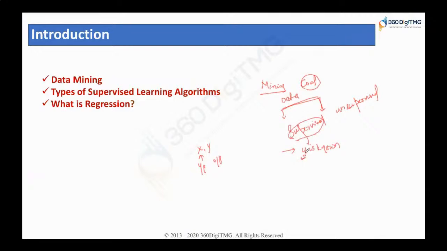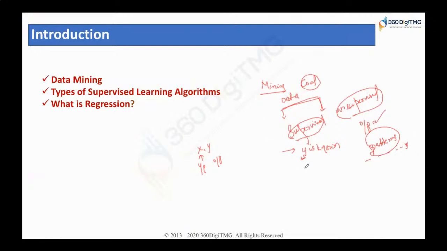But in unsupervised, we don't know what the output actually is. We try to get some insights out of it based on patterns. We don't know what Y is because all the inputs are considered. There is no specific Y term here.